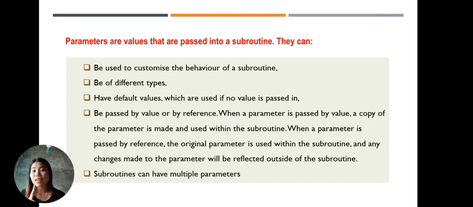Then int x and int y are the parameters. The source code employs int z = x, x = y, and y = z. This call by reference is used when changes made to the parameter will be reflected outside of the subroutine. Lastly, subroutines can have multiple parameters.